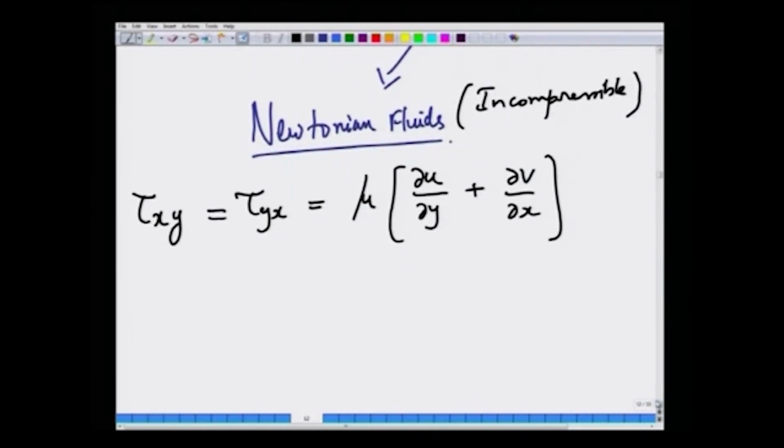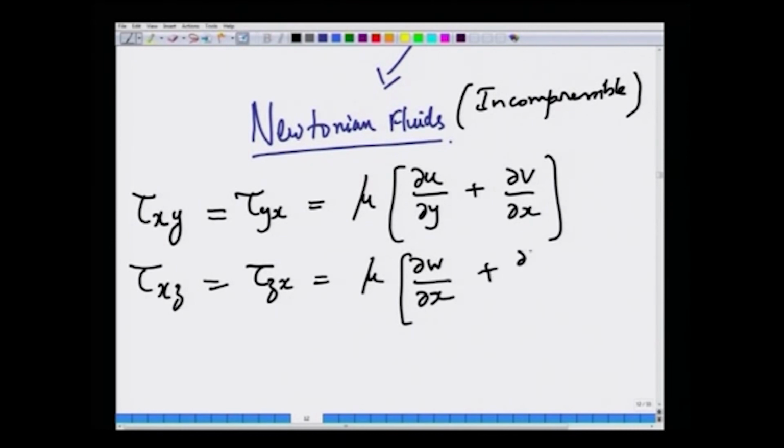So, I am going to write down the relations only for an incompressible fluid, for which the mass conservation equation reduces to del dot u equal to 0. Similarly, tau xz is tau zx is mu times partial w partial x plus partial u partial z.